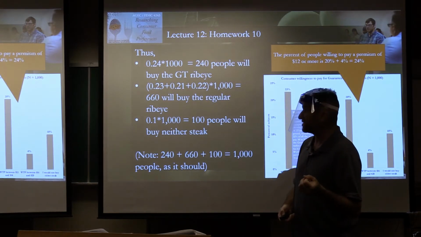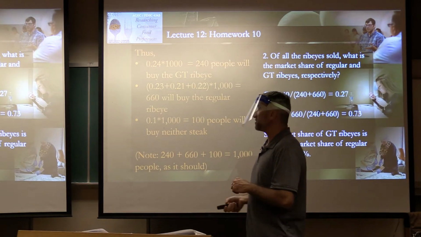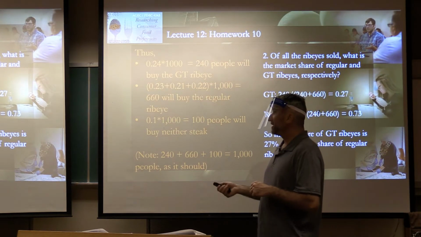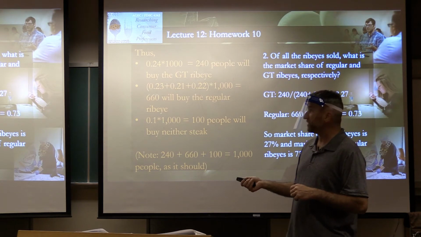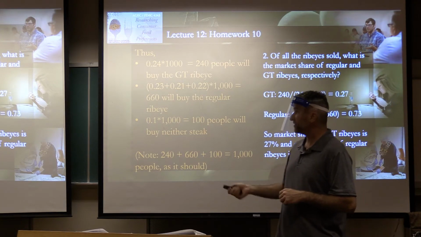And then the other question is just about market share. Number 2, of all the ribeyes sold, what's the market share of regular and guaranteed ribeyes, respectively? Well, for guaranteed tender steaks, you're going to sell 240, and the total steak sold is 240 plus 660. So 27% of all steaks sold is going to be guaranteed tender.